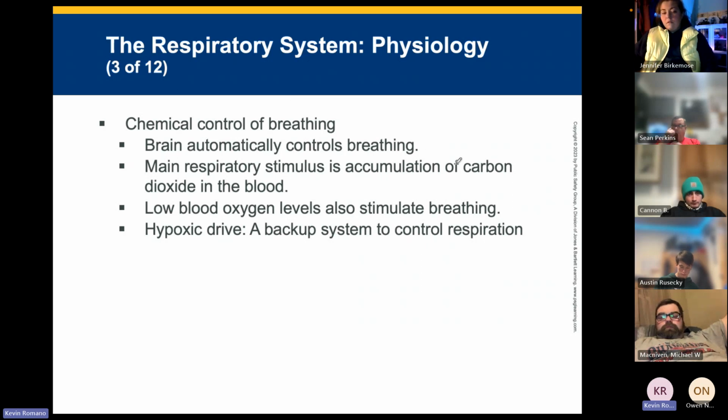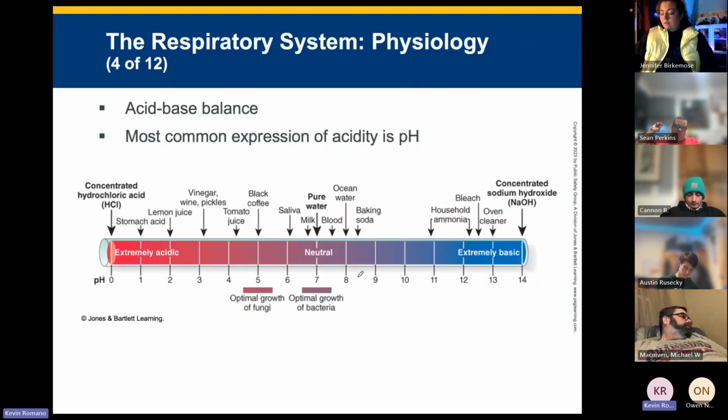So changes in PaO2, the partial pressure in the arterial blood, may occur in response to primary metabolic problems. These are called compensatory changes. The body also has a backup system to control respiration called the hypoxic drive. Let's get into this here, okay?